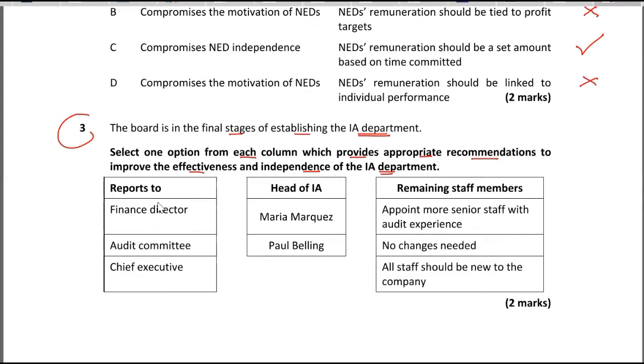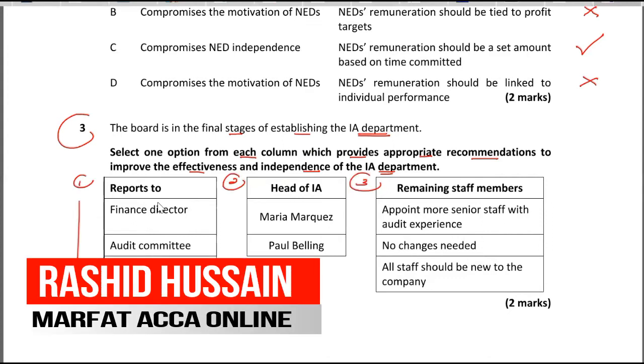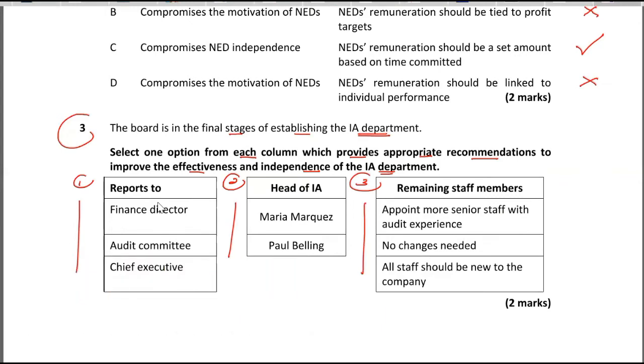Select one option from each column, because there are 3 columns. 1, 2, 3 columns. These are the columns.